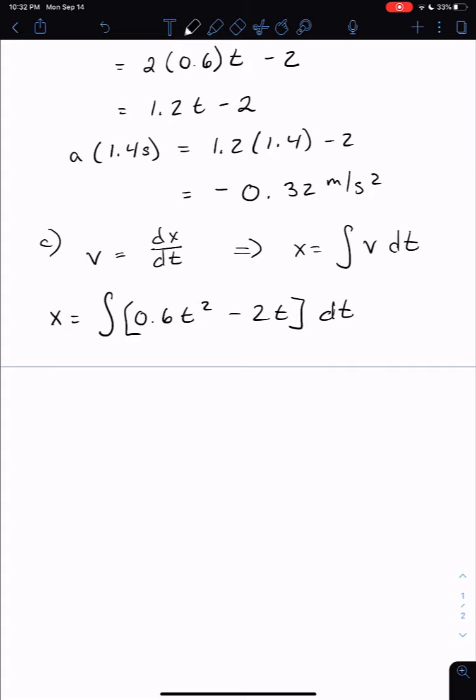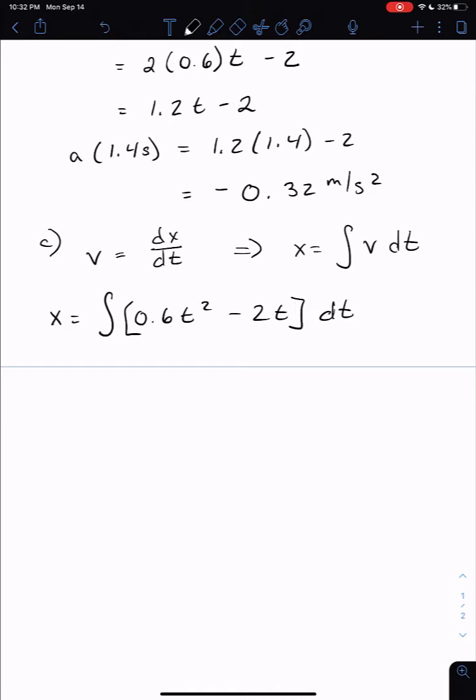And there are two ways that I can go through and do this. I can do this as an indefinite integral without any limits on my integral. And if I do that, I need to account for the unknown constant. Or I can choose to integrate this with limits because I already know something about the starting position that I was given and the time at which I'm trying to figure out what's going on.